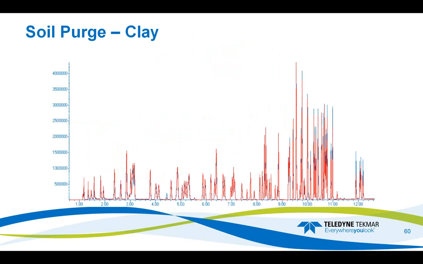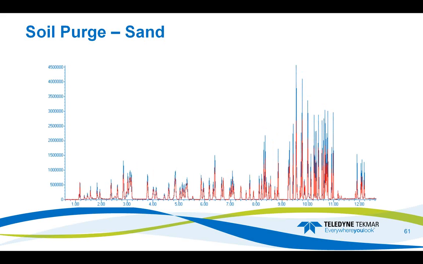So here's some results. 200 ppb standards for 8260. We have liquid sample in blue, and then we have our soil in-vial purge in red. We see here that in our clay soils, with adequate mixing time and with the proper agitation, we can get excellent recovery as compared to a liquid purge sample.